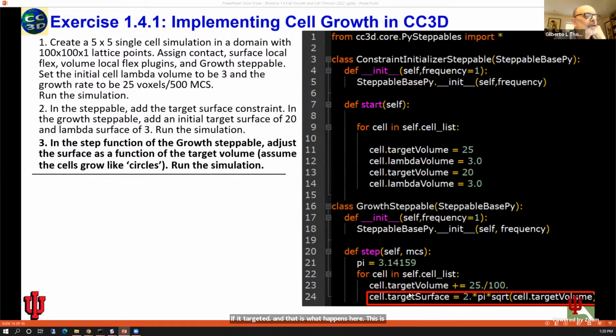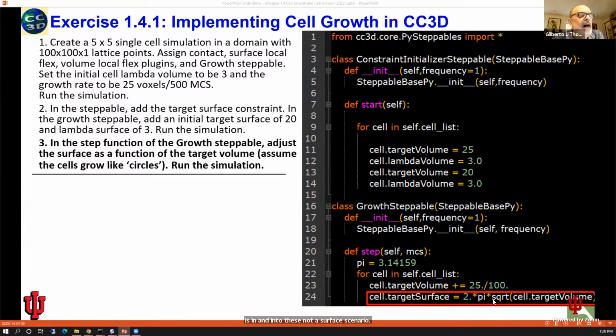I mean, to include a new line where we are saying that the surface of the cell, which is in reality the perimeter of the cell, grows with the radius of the disk, the circle, because a volume here in 2D is a surface, an area.